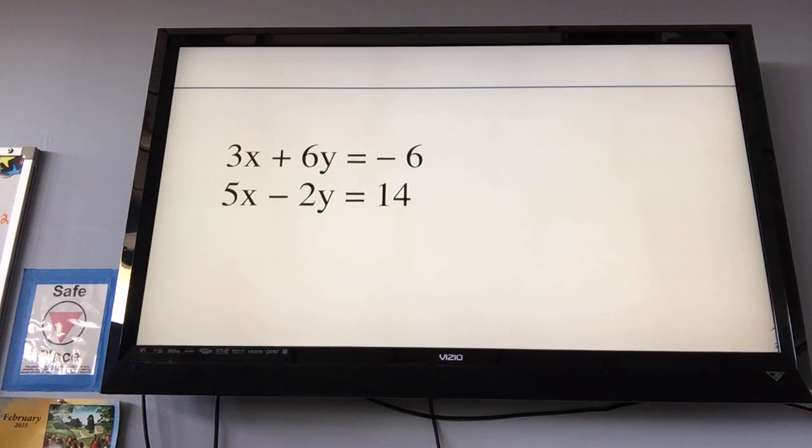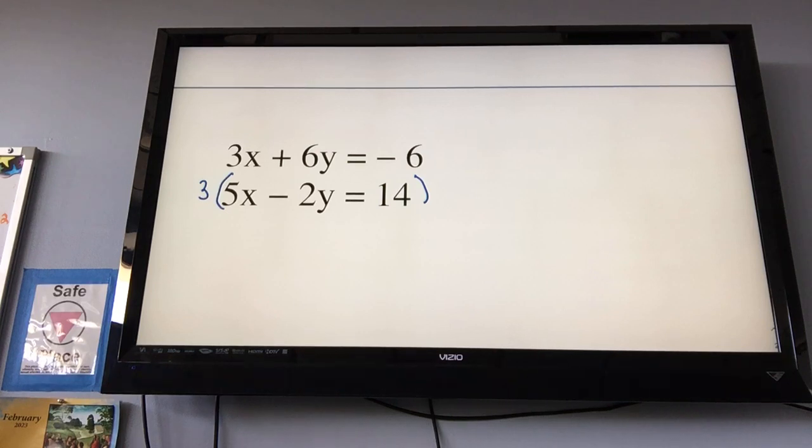You take that whole equation times 3. Very good. So you make it happen. You're looking at it and you have to decide, how can I make it happen? Looking at my 2 and 6, I can make that 2 a 6 by multiplying it by 3.